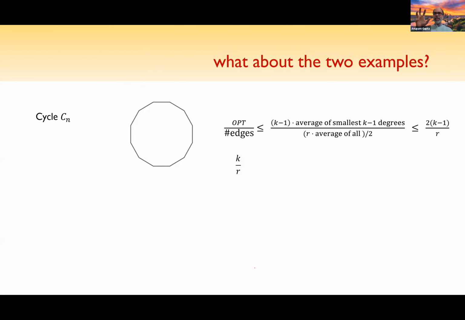See, the thing with the cycle is, if you contract an edge in the cycle, it gives you a cycle back. So at all points, it always looks like a cycle. So now at the rth step, opt is still k, and the number of edges is r, whereas this approximation that we are using is off by a factor of 2. So this analysis seems weak. This inequality seems weak out here. We got to be careful.